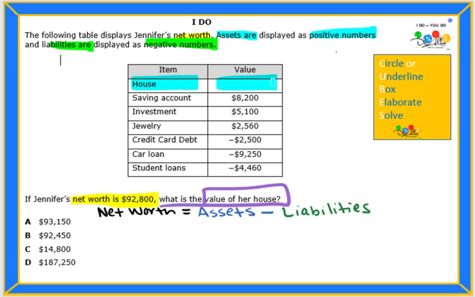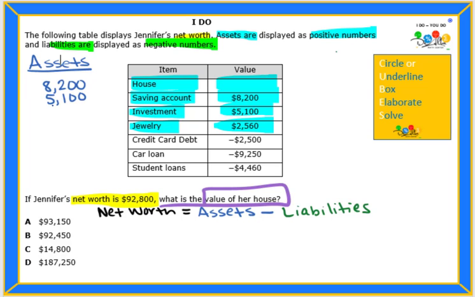So now let's look at the other assets that have been listed. We have a savings account, investment, and jewelry. So let's go ahead and put those together to see what the total for the assets is. 8,200, 5,100, and 2,560.